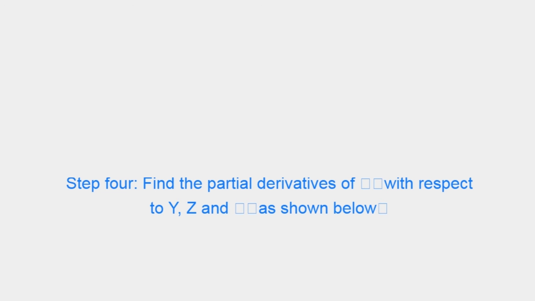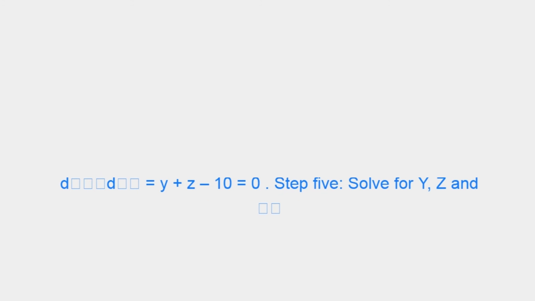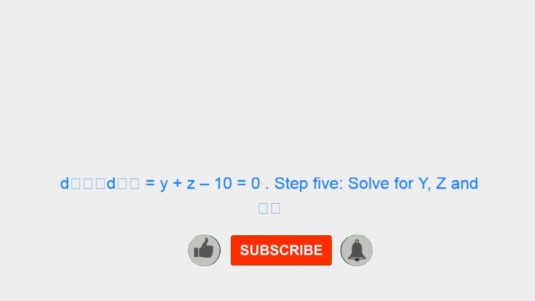Step 4. Find the partial derivatives of L with respect to y, z, and λ as shown below. dL/dy equals 100 minus 10y plus 10z plus λ. dL/dz equals 50 minus 20z plus 10y plus λ. dL/dλ equals y plus z minus 10 equals 0.